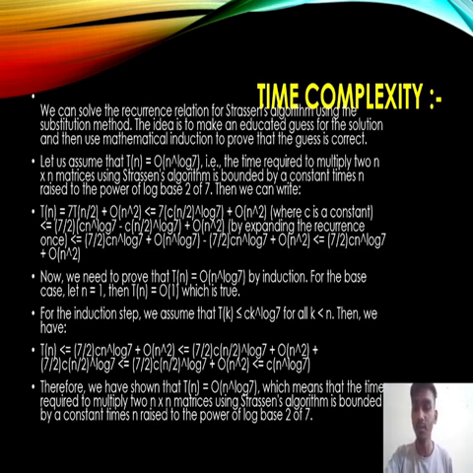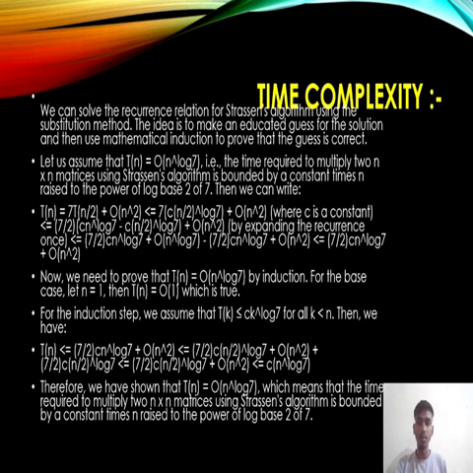Then we have T(n) is less than or equal to 7 T(n/2) plus big O of (n/2)^2, which is less than or equal to 7/2 C n^log 7 plus O(n^2). Therefore, we have shown that T(n) is equal to big O of n^log 7.